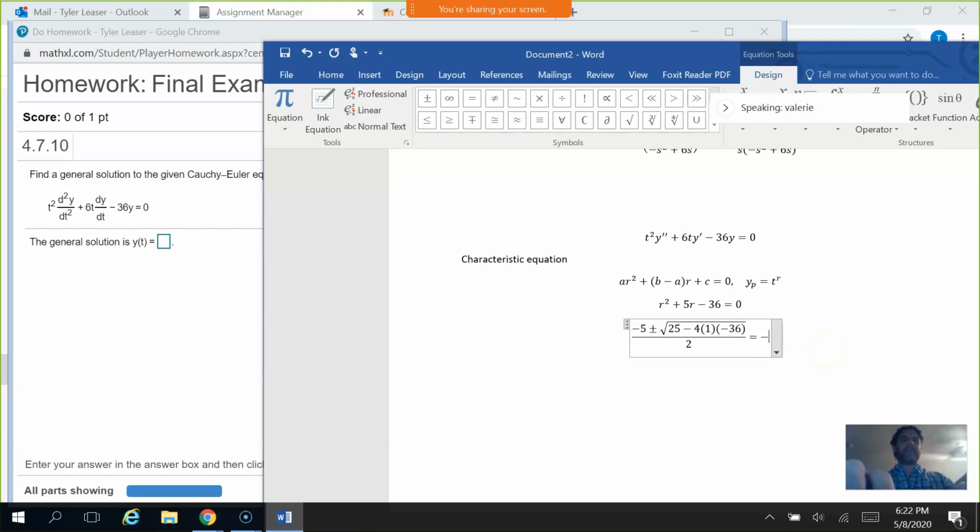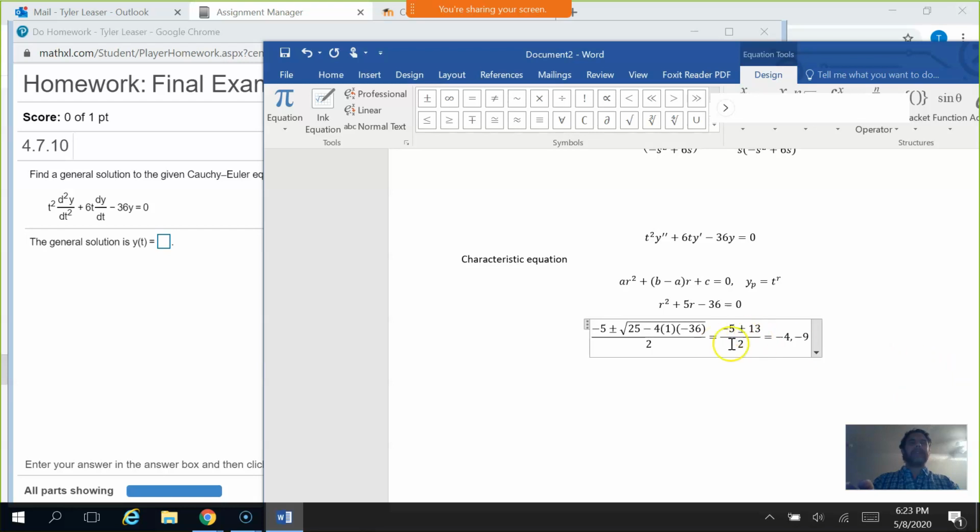Okay, so we're going to have negative 5 plus or minus 13 all over 2. That gives us two solutions: negative 4 and something else. Negative 9? I think so. Okay, so we get these two.